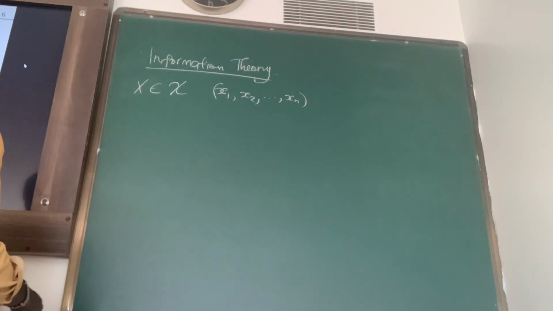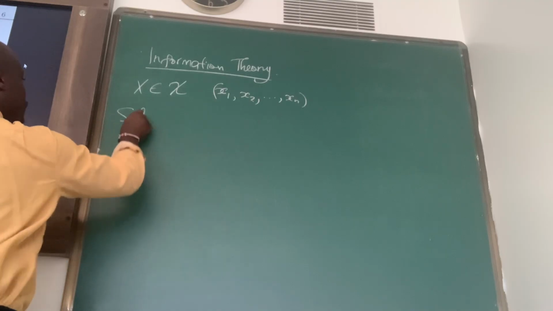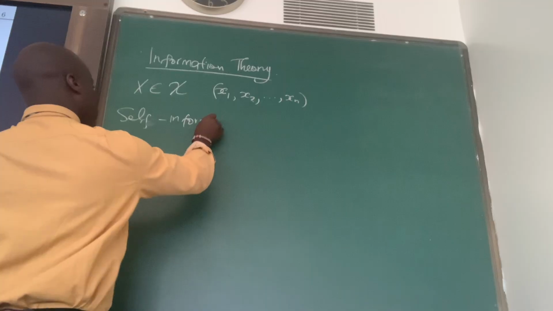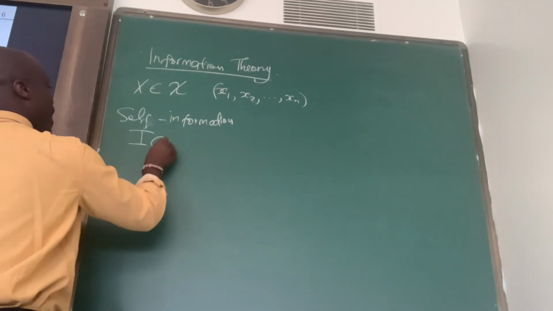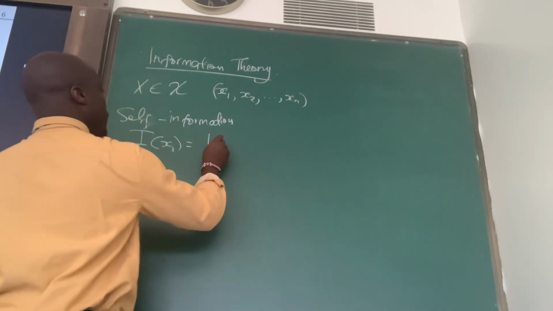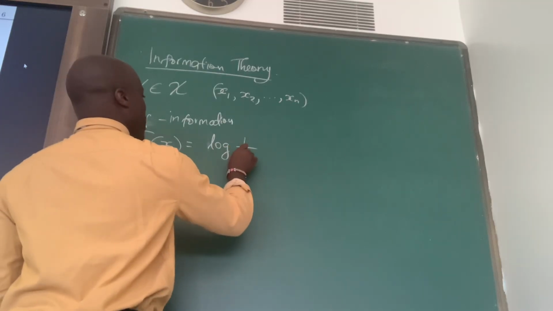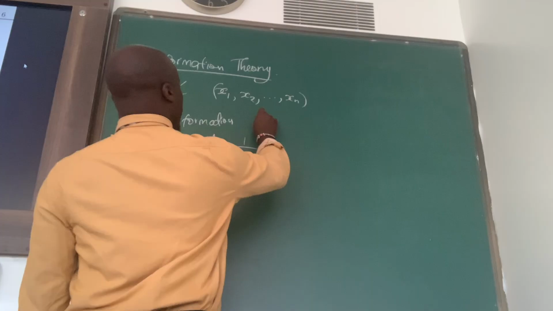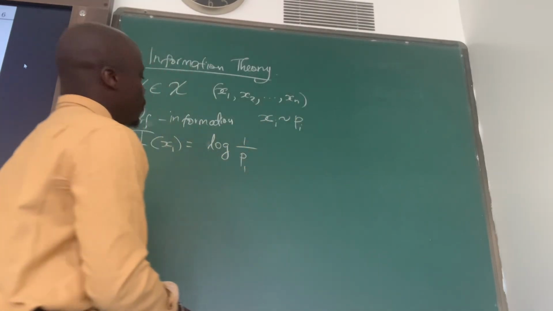Okay, so the self-information I(xi) is given by log of 1 over pi. So we are assuming here that xi is distributed according to pi.